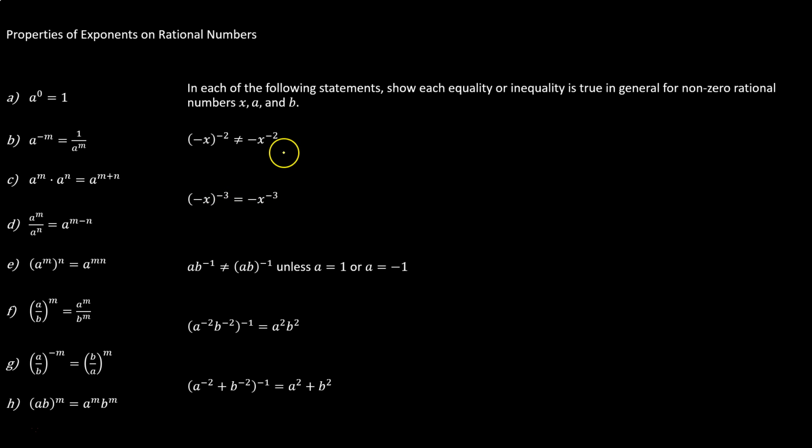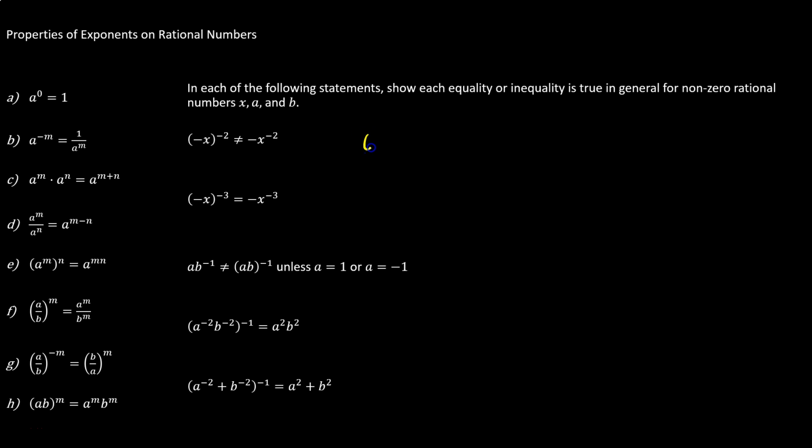So I've got a few statements written here, and we want to decide if it's true or false. Our first statement claims that these two sides are not equal. So negative x to the negative 2, we're showing not equal to negative x to the negative 2. So let's check.